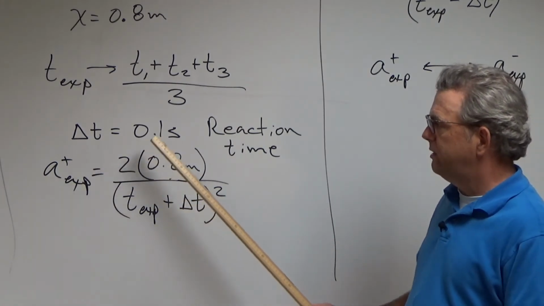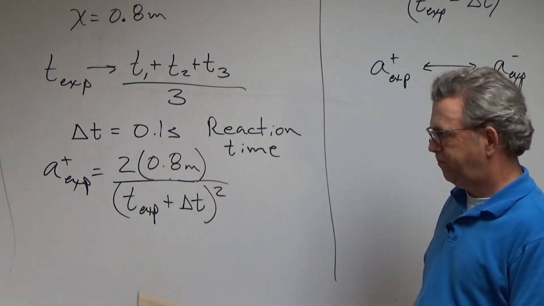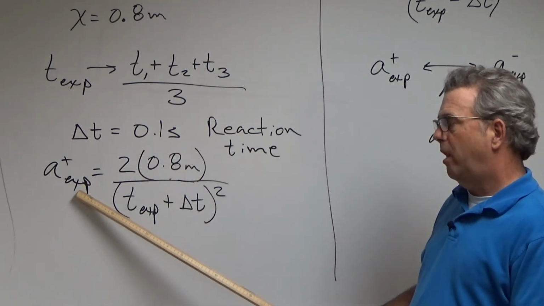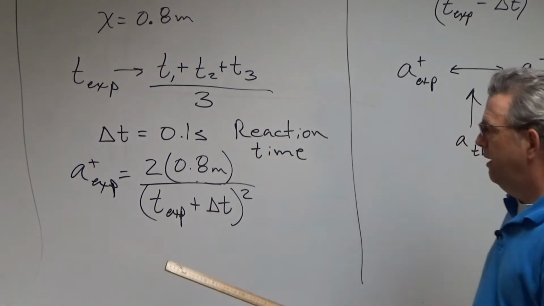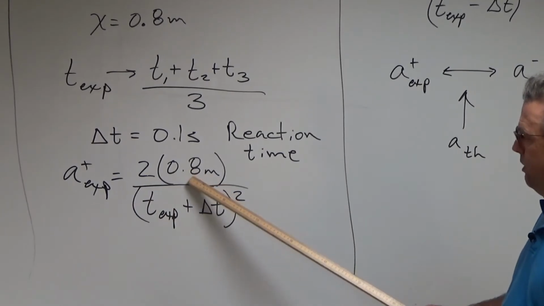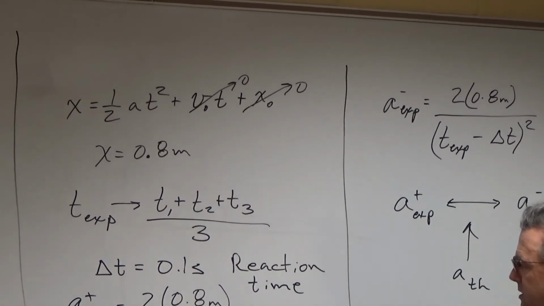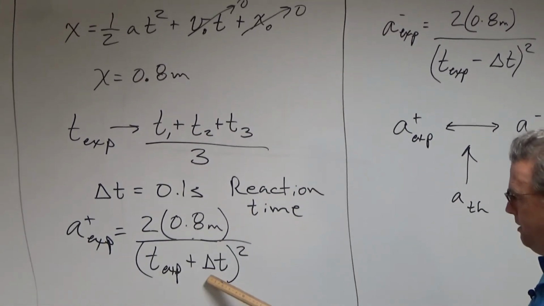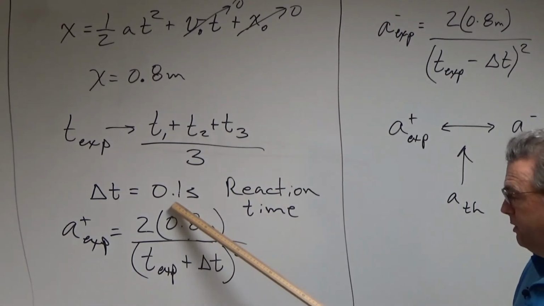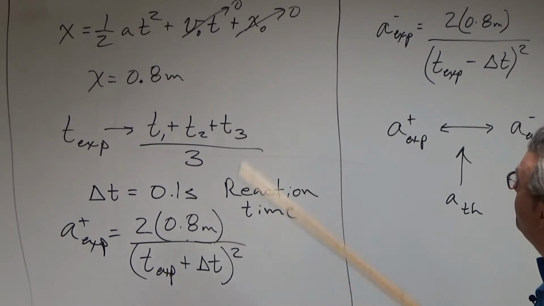So we'll let delta t equal 1/10 of a second. So A plus, what I'll call A plus experimental, is 2 times 0.8. That comes from solving this equation. That's that distance x, divided by t experimental plus delta t. Delta t is 0.1 seconds, quantity squared.